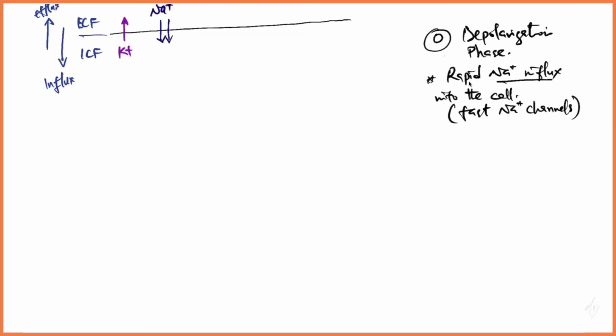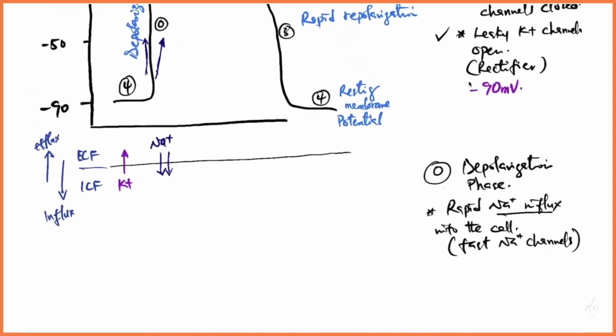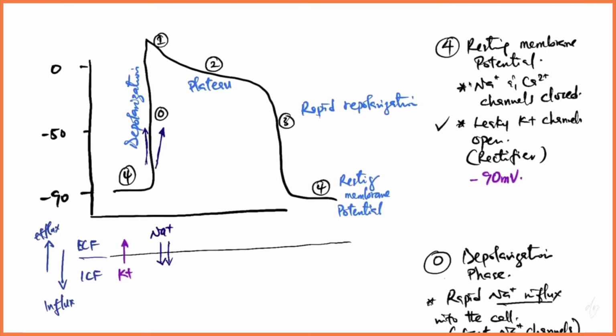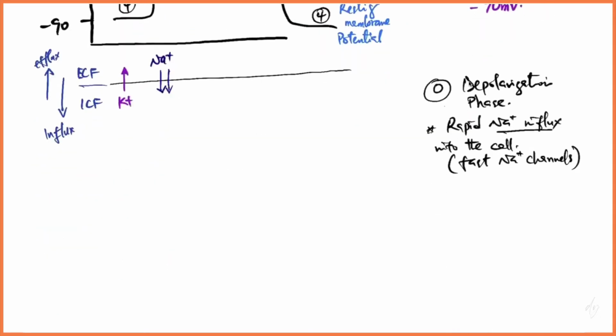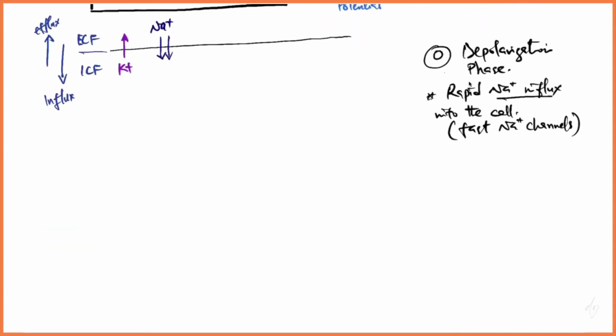The next phase we are going to look at is phase 1. You see that sharp dip. If this upward stroke is depolarization, a downward stroke is repolarization. A downward slope is repolarization. What's going on in phase 1?